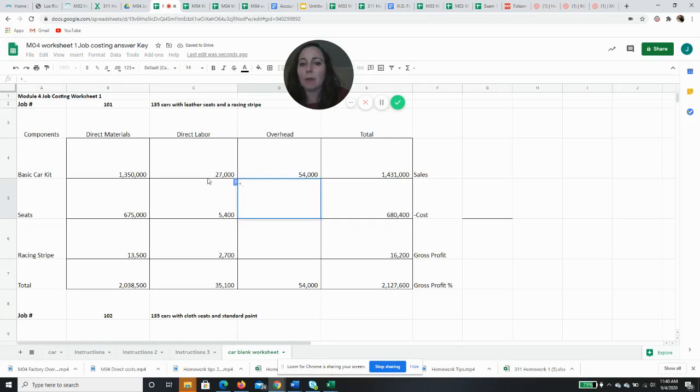For the seats, I'm going to have $5,400 of direct labor times 2. And for the racing stripe, I'm going to have $2,700 of direct labor times 2. So my total factory overhead is going to be $70,200.